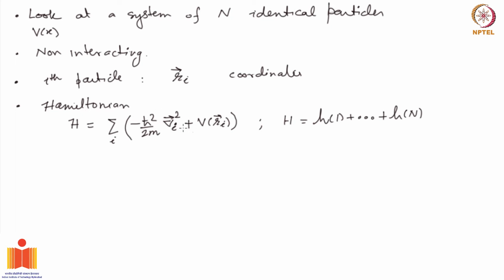So when I am writing gradient I mean del over del Ri, which is just del over del xi, del over del yi, del over del zi. Sometimes I will use this notation, which is nice.